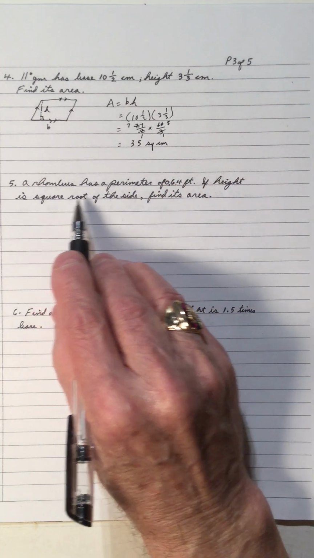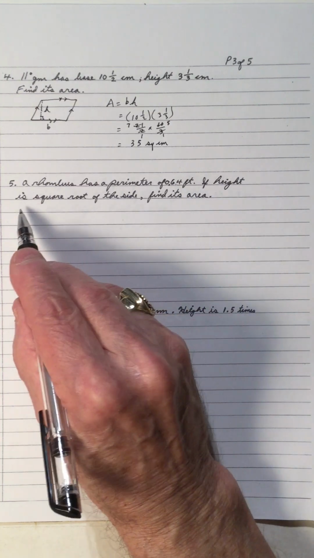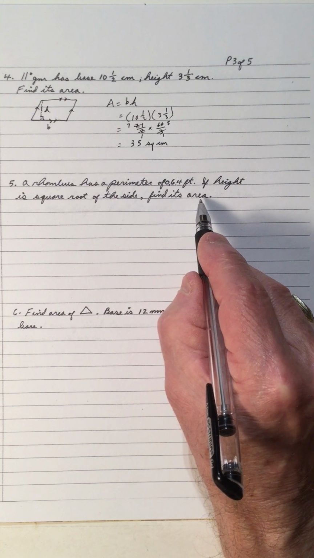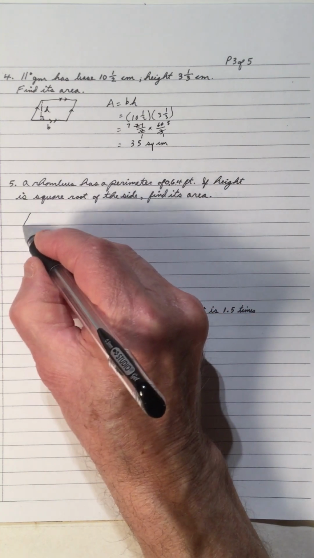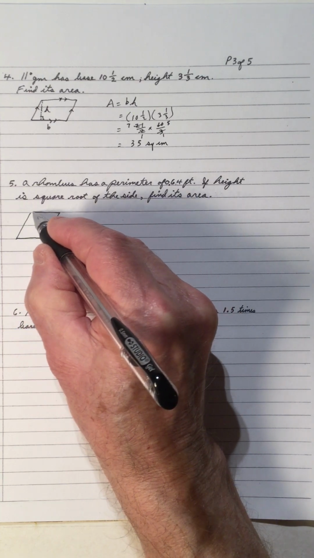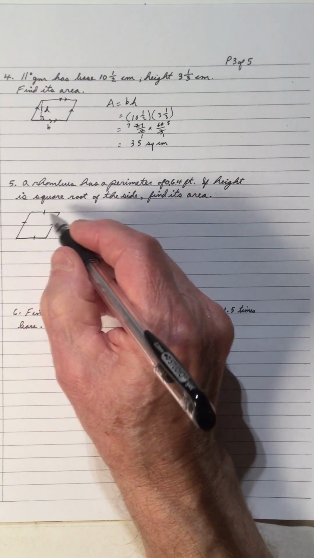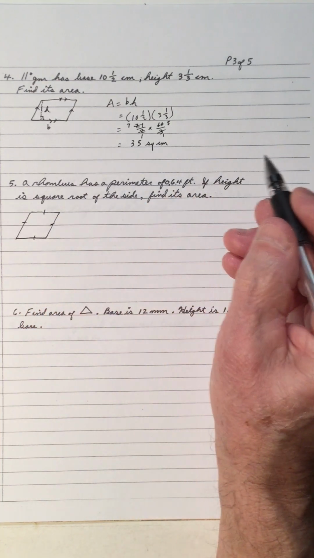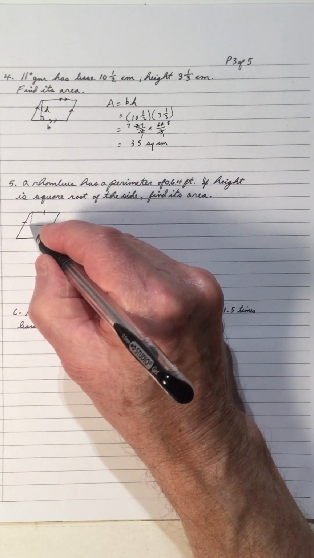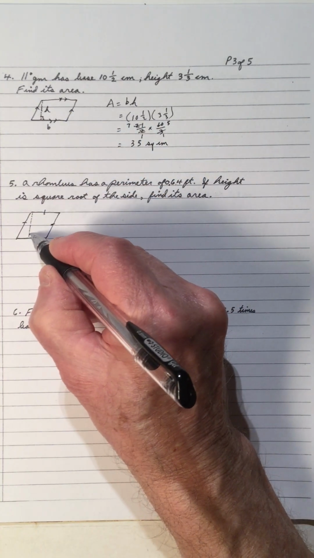Number 5, a rhombus has a perimeter of 0.64 feet. If the height is the square root of the side, find its area. Well, a rhombus is just a square pushed out of shape. A rhombus has all sides equal. And if you had right angles in here, we would have a square. A rhombus in relation to its area is the same as a parallelogram.